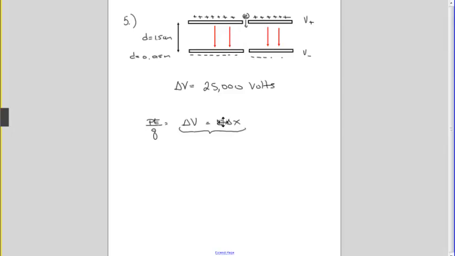So if we have a constant electric field, then we know that the voltage is related to that value of the electric field times delta X. So if you had a certain electric field and you made the distance smaller, then if you had the same voltage, the electric field would be higher as well. Because as the distance gets smaller, the field has to get higher to maintain the same voltage.